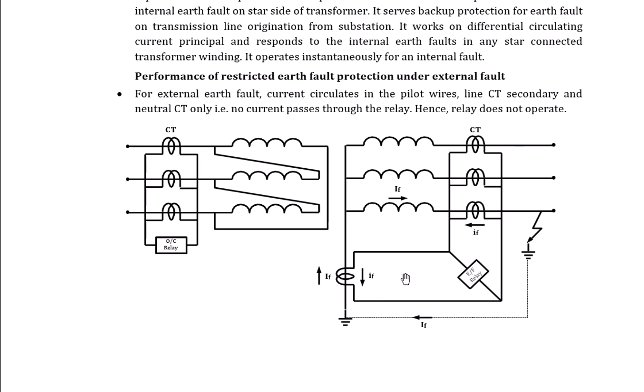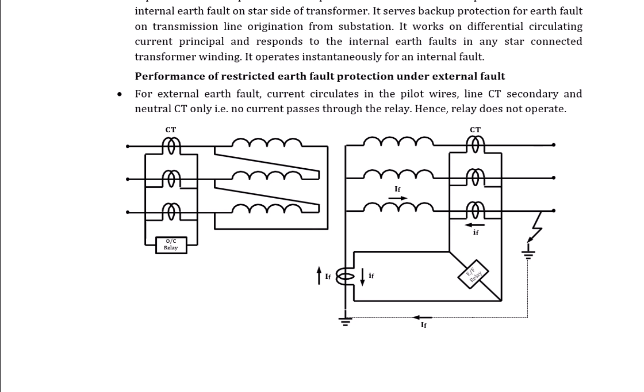If any kind of earth fault or leakage is present in the system, then current circulates in the pilot wire, the line CT secondary and the neutral CT only. No current passes through the relay, hence the relay does not operate in a normal condition, or when the fault is external, not internal.